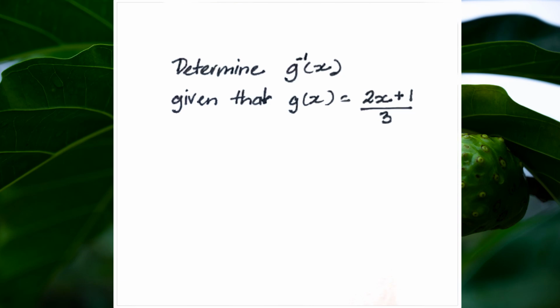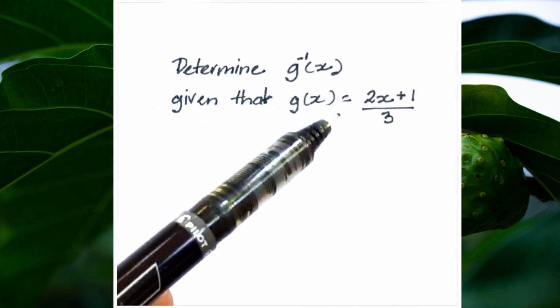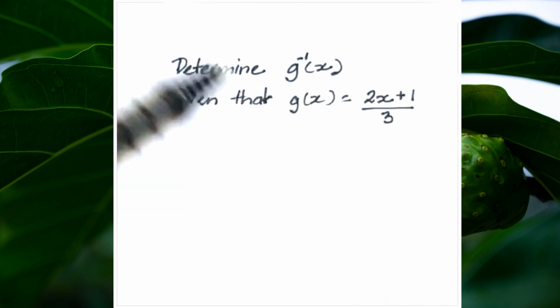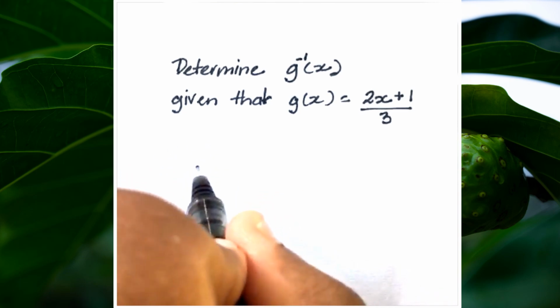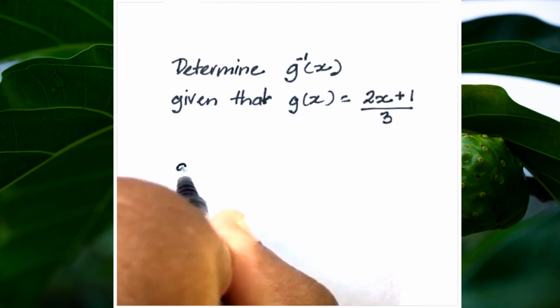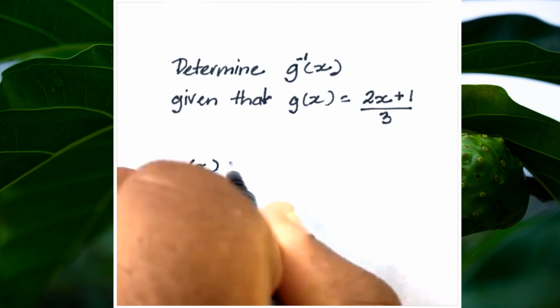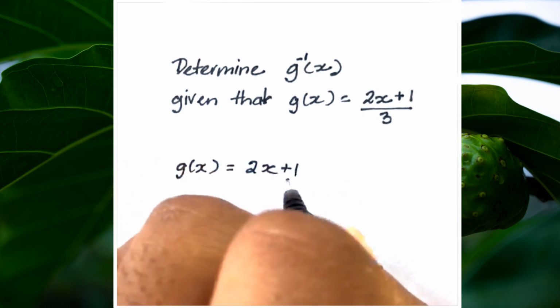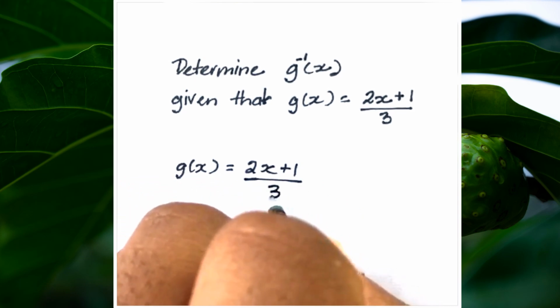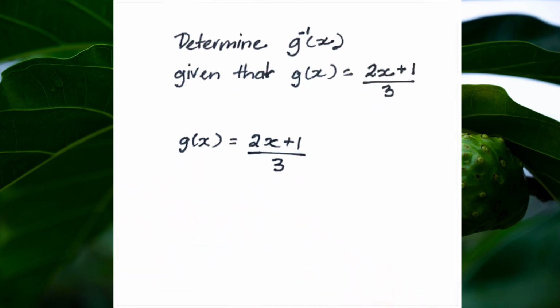Here's our second example. Determine the inverse of g given that g of x is equal to 2x plus 1 all divided by 3. So I'm going to start with the original function. g of x is equal to 2x plus 1 all divided by 3. Remember what step 1 was?